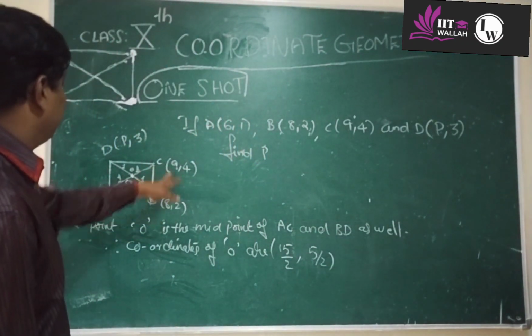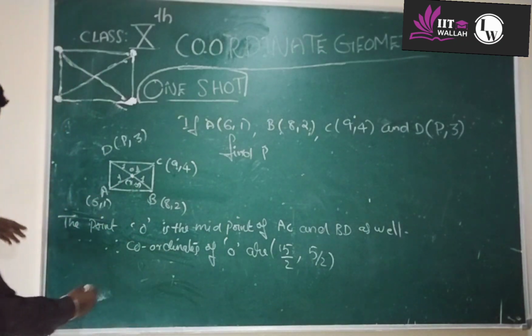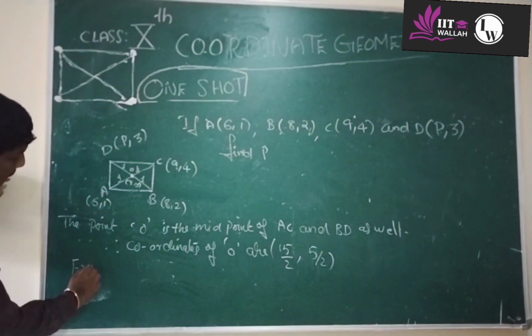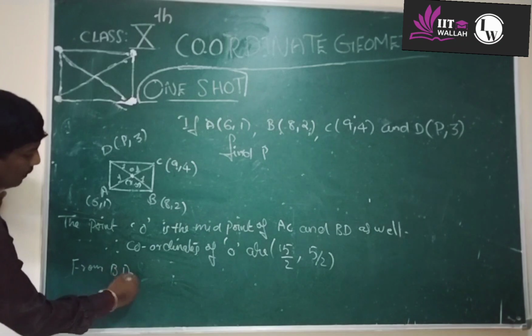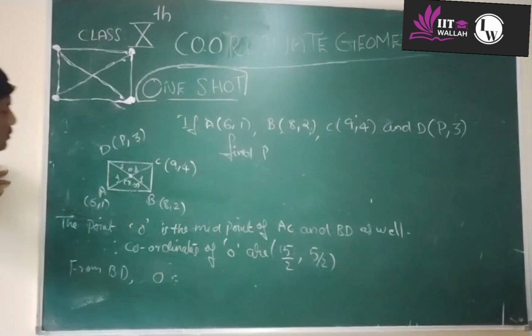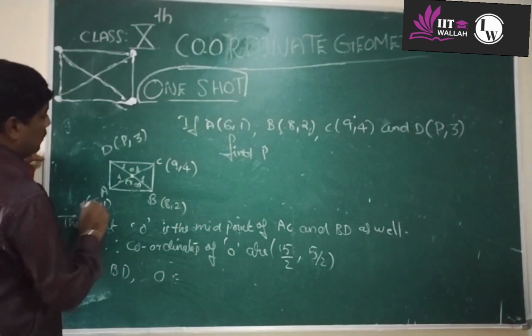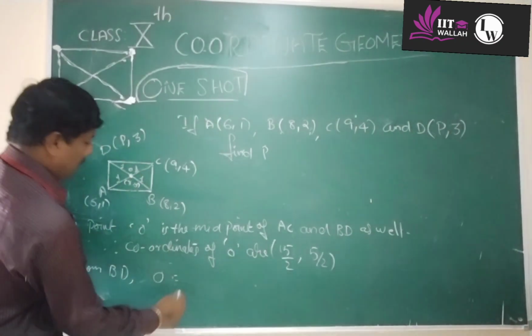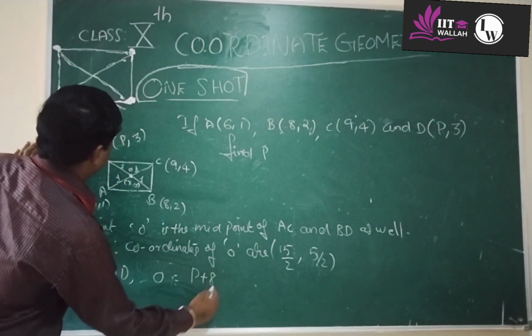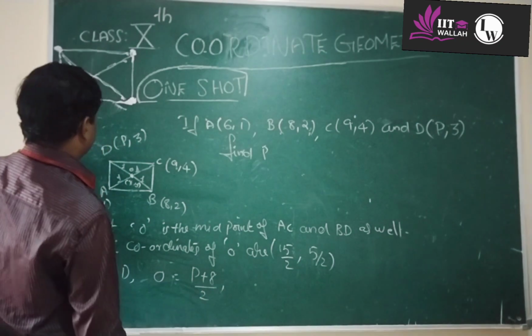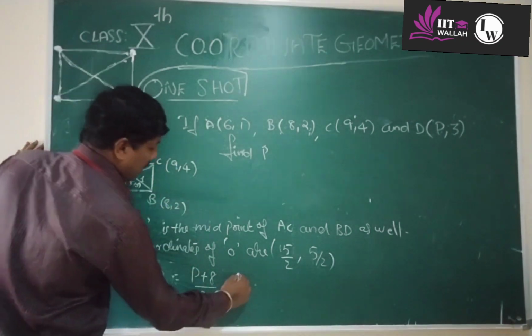Now from BD, O is equal to (p plus 8) by 2 and (3 plus 2), 5 by 2.